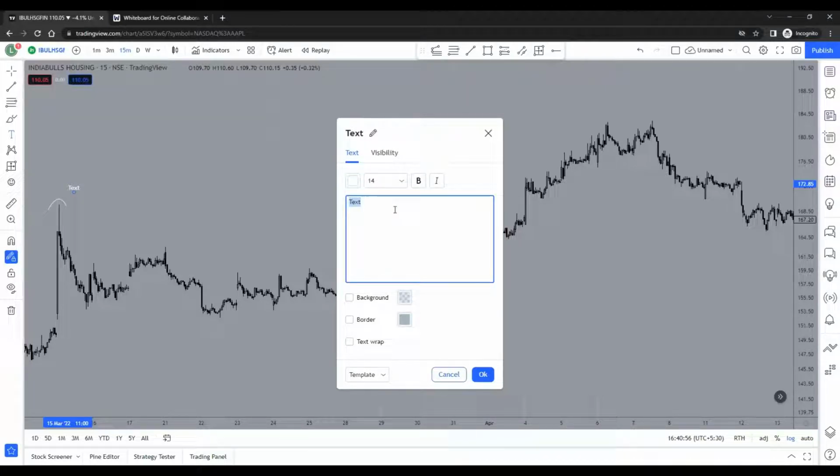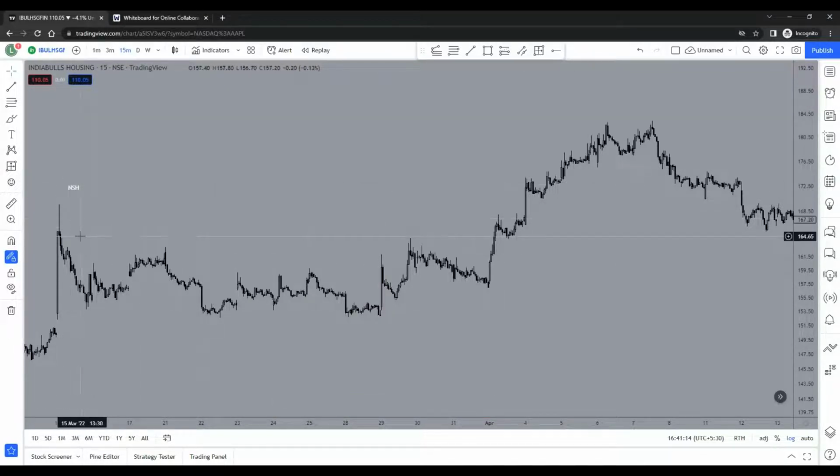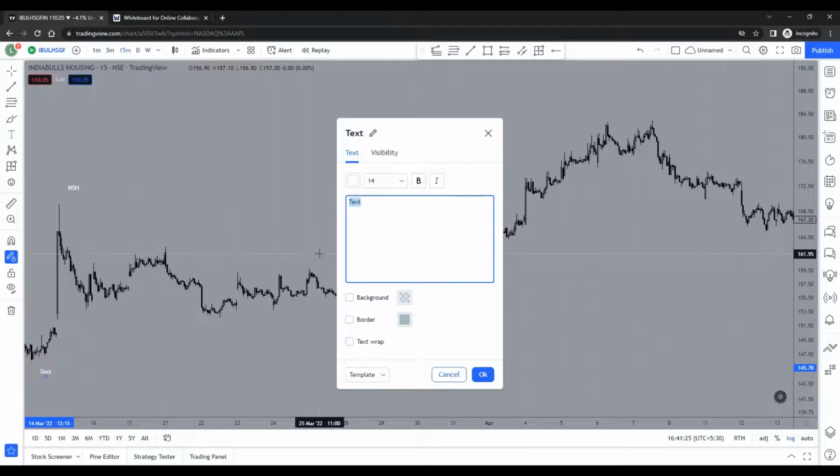We can call this new structure high or NSH, because this is the first high which we are seeing in this frame. Okay. Now this is the lowest point. So we can call this a lower low.